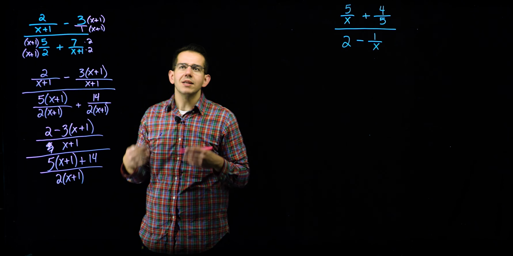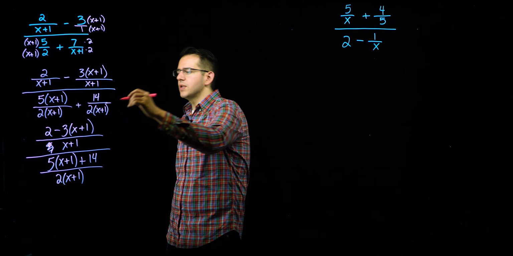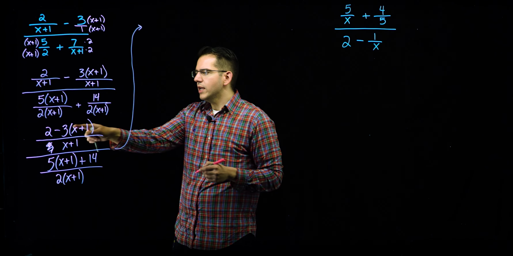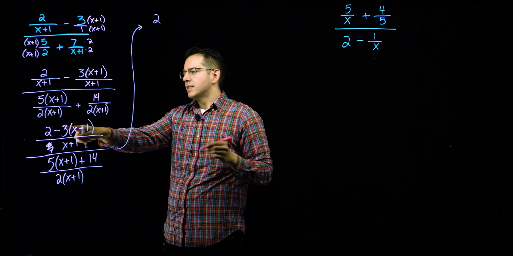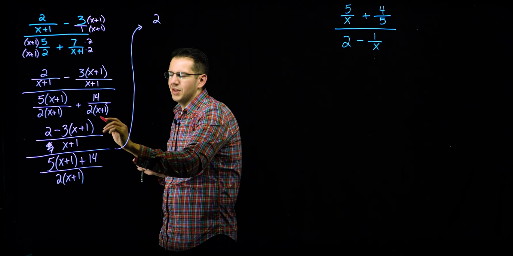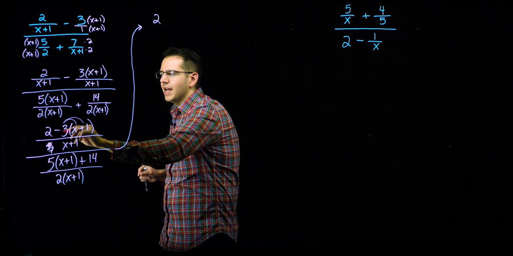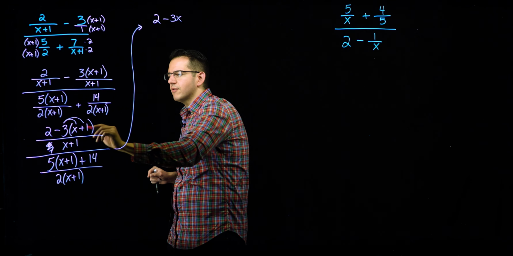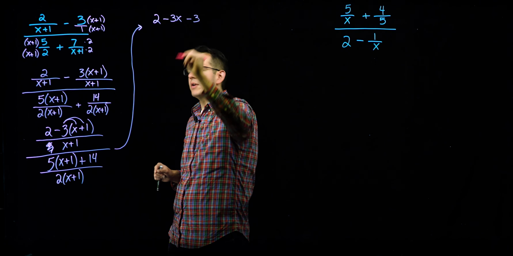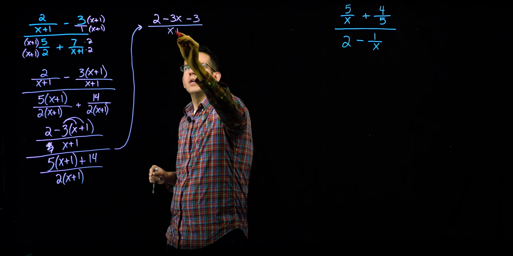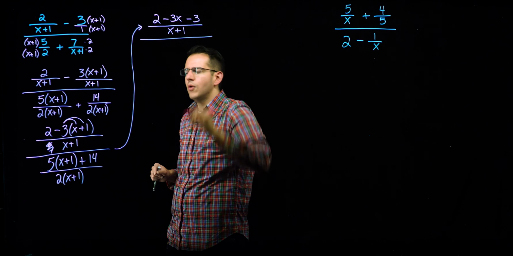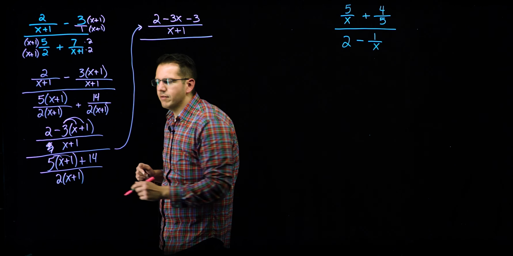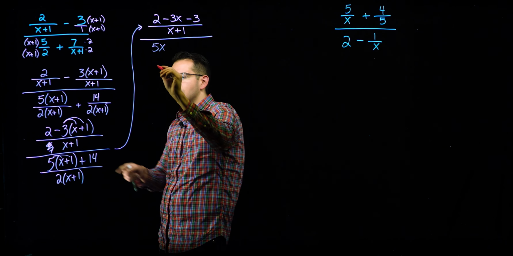At this point we need to begin simplifying. So moving this up here, we'll end up getting 2 plus this negative 3 times x, which is minus 3x, and then negative 3 times positive 1 gives us minus 3 over x plus 1. All over, here we're going to do the same thing. We're going to distribute this 5 to get 5x plus 5.